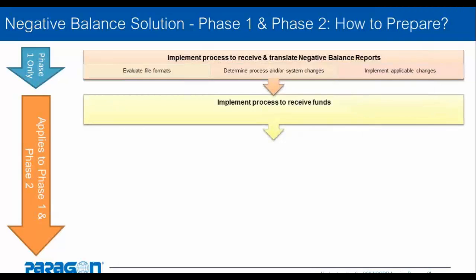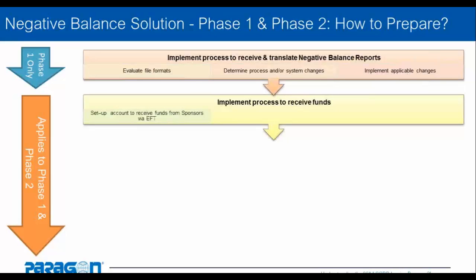The remaining areas we will review here apply to both Phase 1 and Phase 2 negative balance solution. The second area we will review is a process to receive funds for payment of negative invoices. You'll need to set up an account to receive funds from sponsors via EFT.